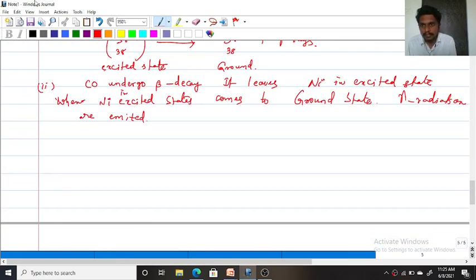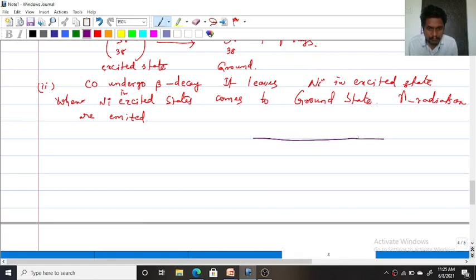I'll draw a small figure here. Cobalt 27, 60. When it undergoes beta minus decay, its atomic number increases by 1 and mass number does not change.